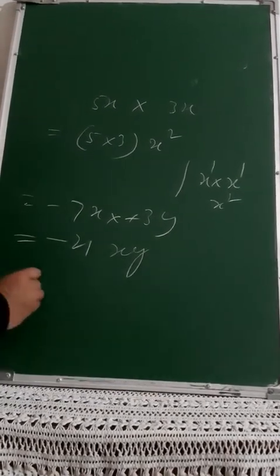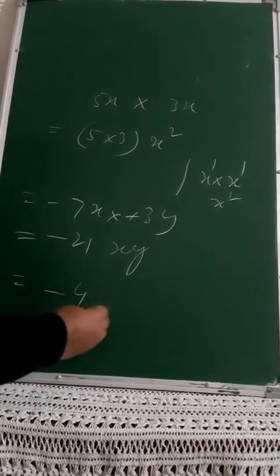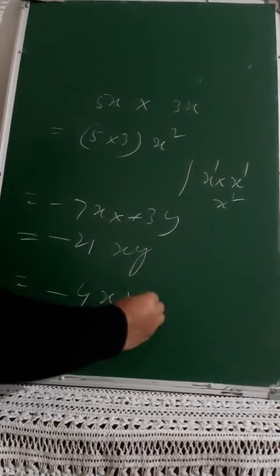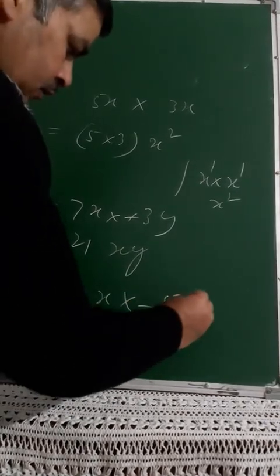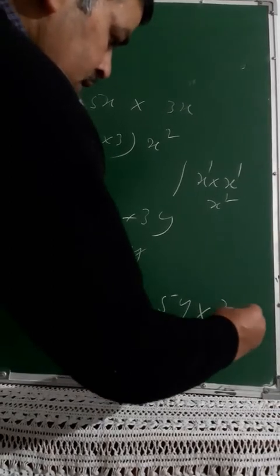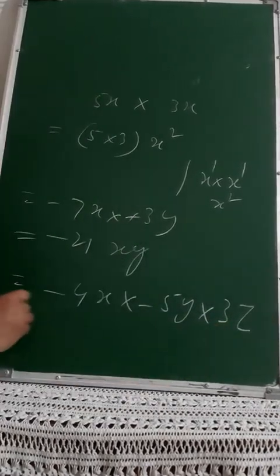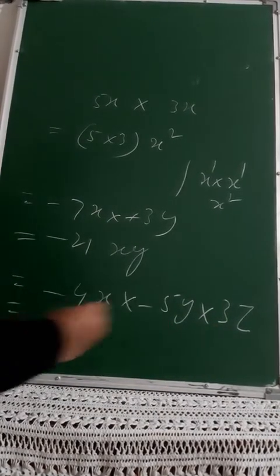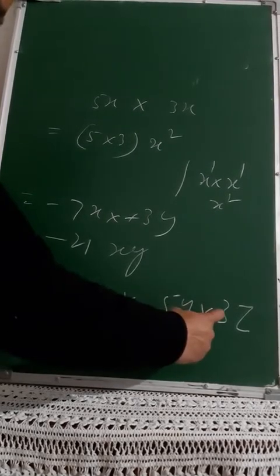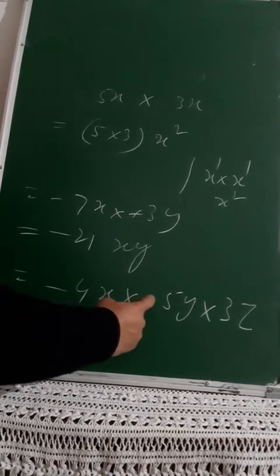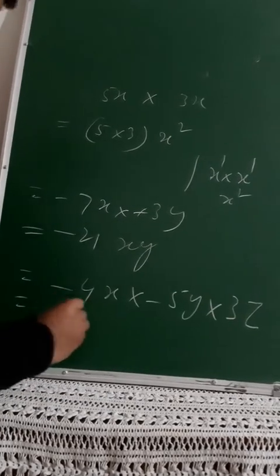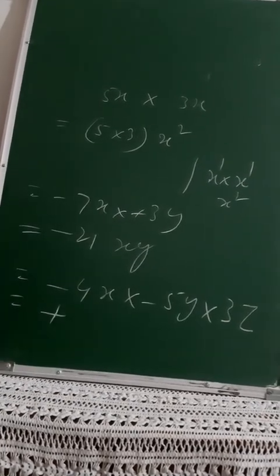Suppose I am saying minus 4x into minus 5y into 3z. Now again, minus into minus is plus, plus into minus into minus is plus, and plus into plus is plus. I know my answer will be in plus only.